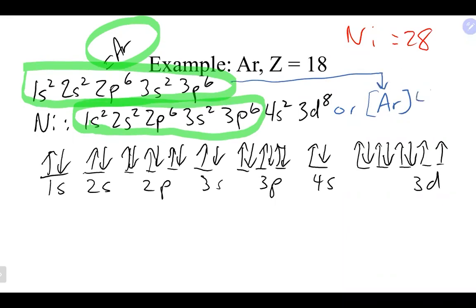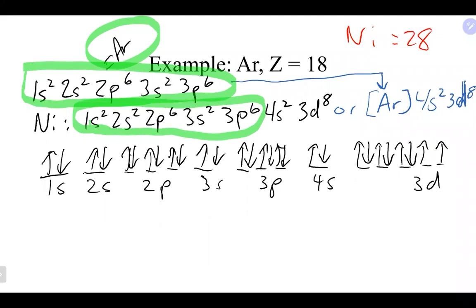And you would just continue on with the rest of the electron configuration there. You would have argon, 4s2, 3d8 in this case. What goes in the bracket is always a noble gas, always group 8, the noble gas that comes right before the element you're writing your electron configuration for.